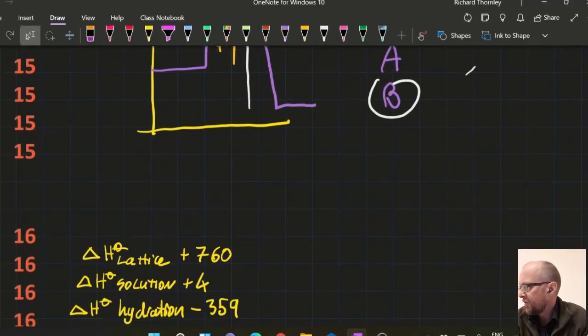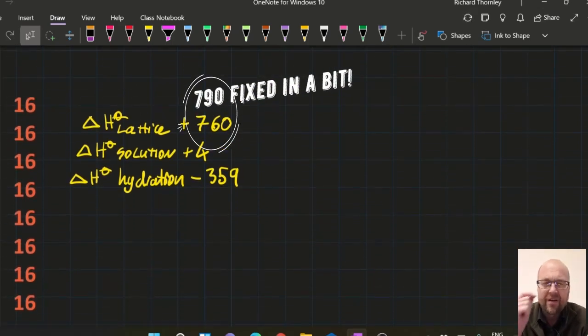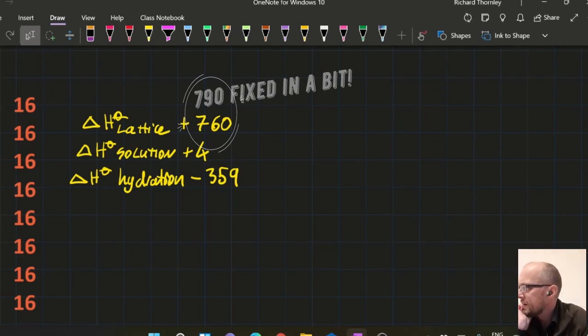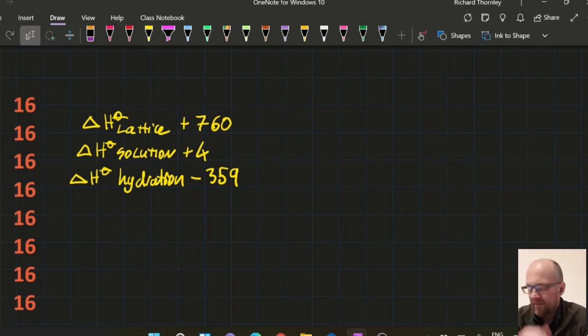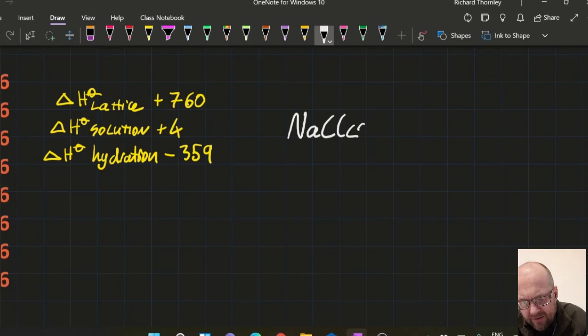Standard hydration enthalpy of this. Oh, it took me many years to find the shortcuts to do this. Okay, so it's a Hess cycle. All right then. So I've got sodium chloride, solid, and then you dilute it in infinite water.